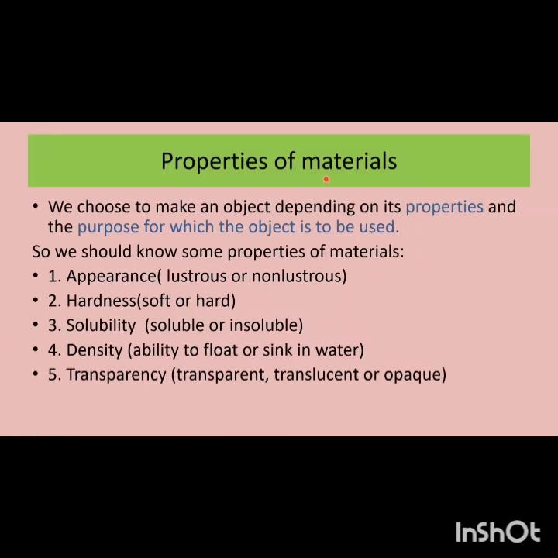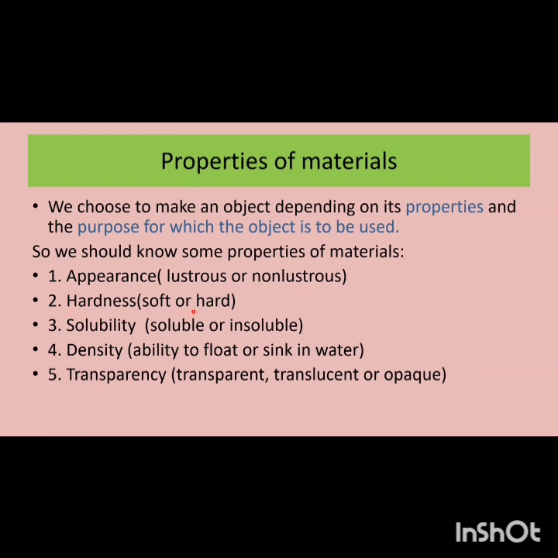What are the properties of material? We choose to make an object depending on its properties and the purpose for which the object is to be used. So we should know some properties of materials. Number one, appearance. Includes lustrous or non-lustrous. Number two, hardness.